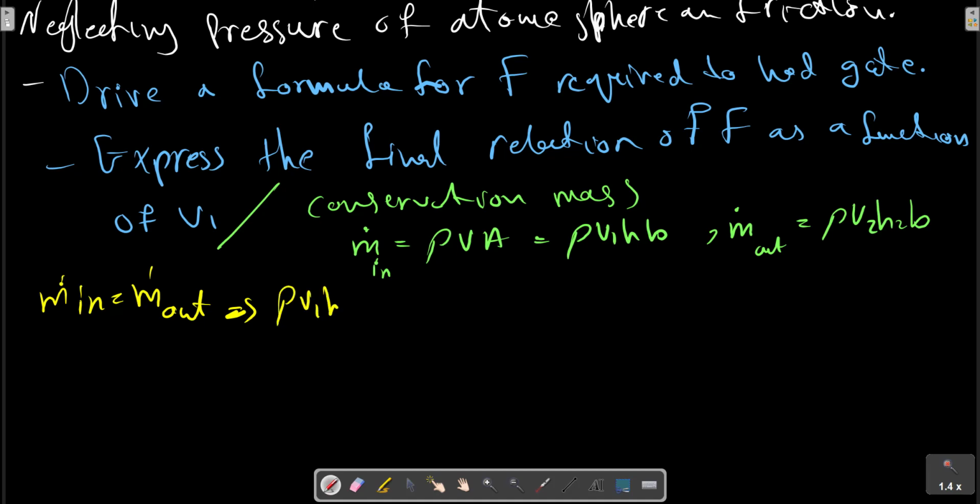Rho V1 H1 B equals rho V2 H2 B. V2 equals V1 H1 over H2.